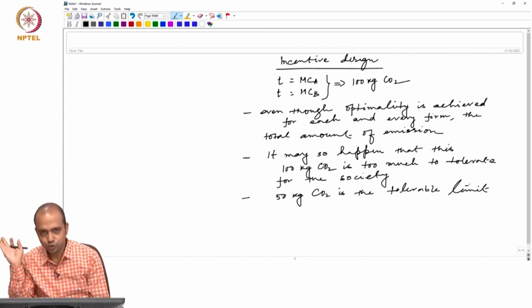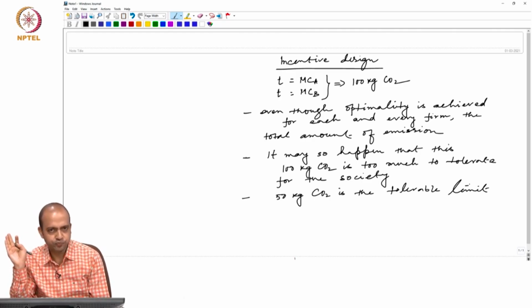Okay. So, that is the problem with this emission tax. The end result is unknown. So, let us now suppose that the society wants, in a given period of time, only 50 kgs of CO2. So, that means the tolerable limit is fixed. Then this emission tax is actually ineffective in that case, because how much total pollution will result from a specific tax is uncertain. So, what to do in this case?